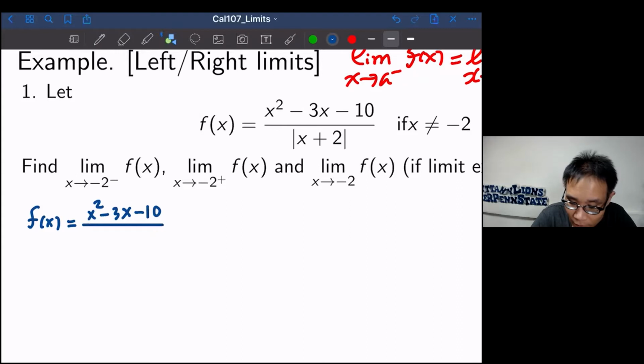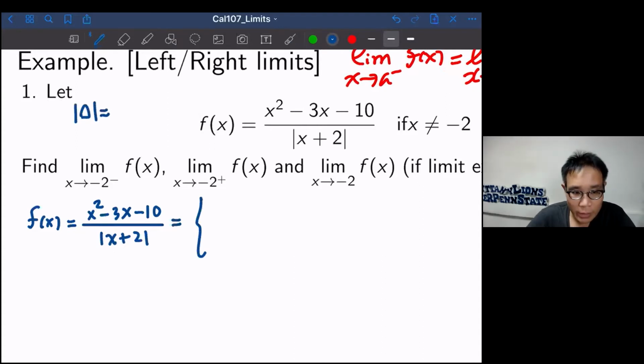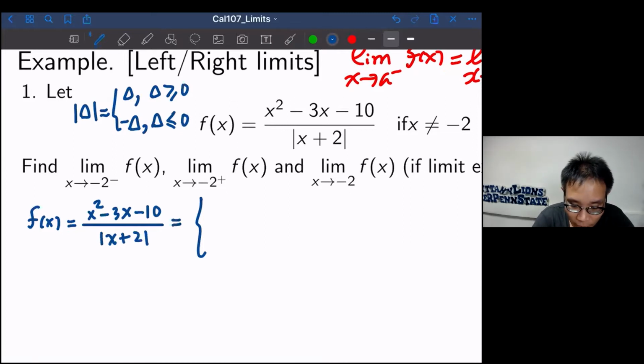We learned before about the absolute value: the absolute value of a quantity is itself if the quantity is positive, and it's the negative of the quantity if the quantity is negative. In this case, the absolute value that you have here is the absolute value of x plus 2.